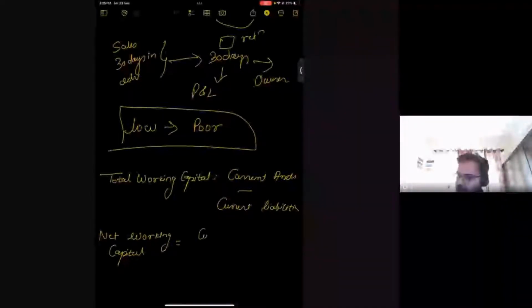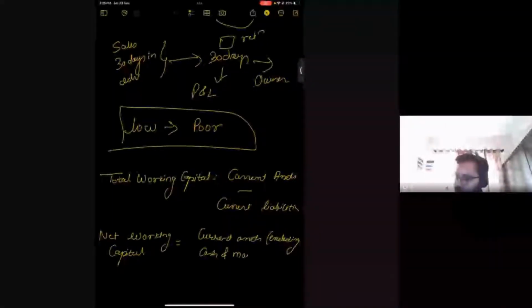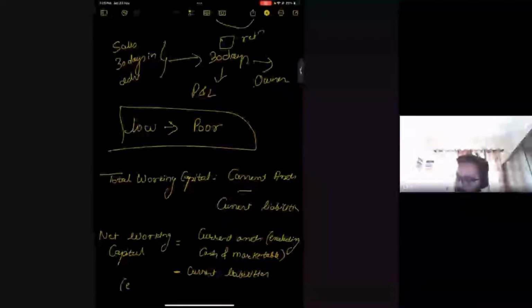This is basically current assets excluding cash and marketable securities, minus current liabilities, again excluding very short term debt or loan.